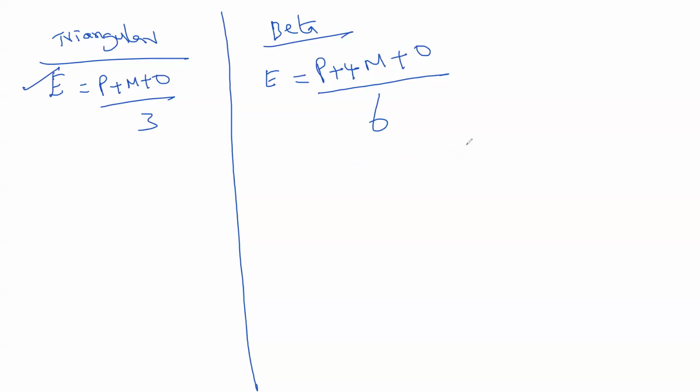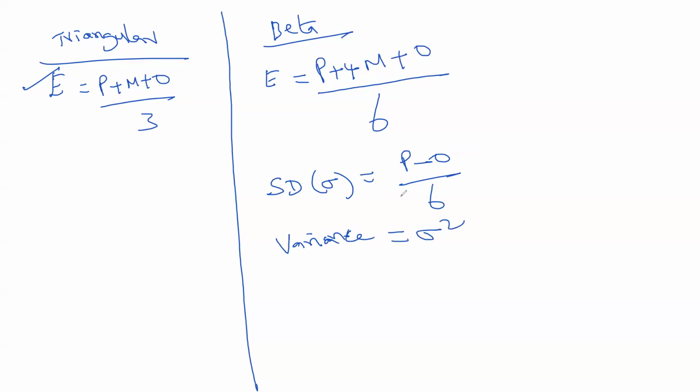In beta distribution, there are a few more formulas you have to know. Second one is standard deviation, sigma. It is P minus O divided by 6. Third one is variance. It is sigma square. There may not be questions in the exam about standard deviation and variance.